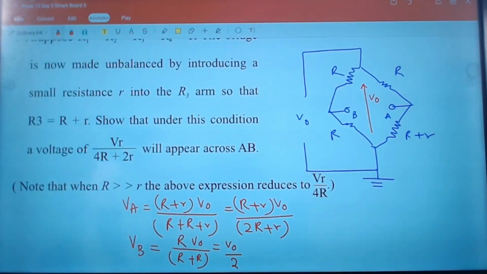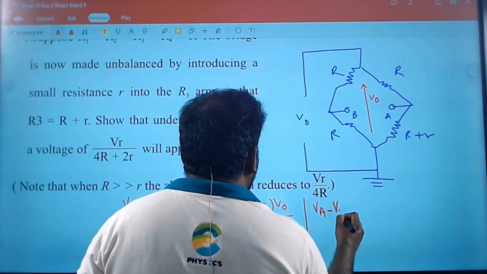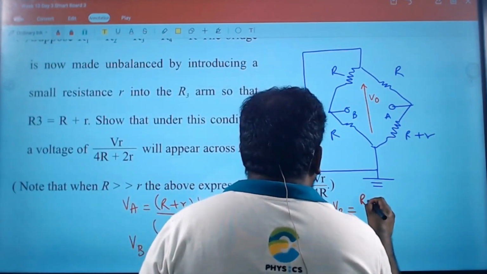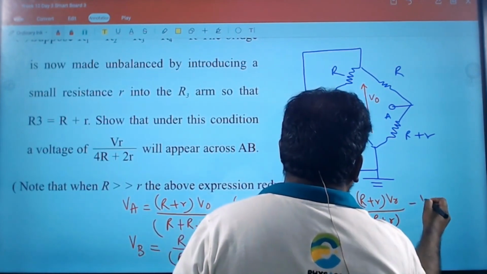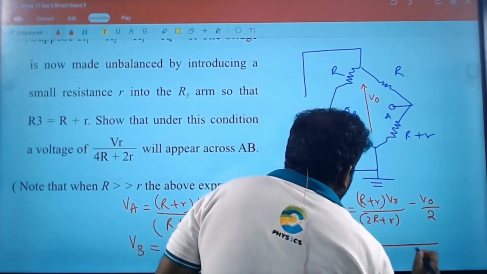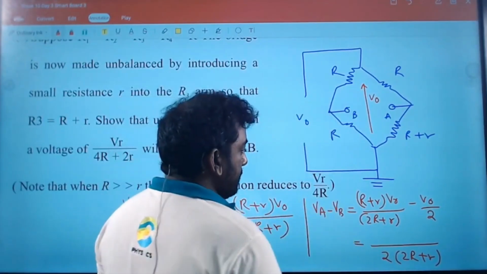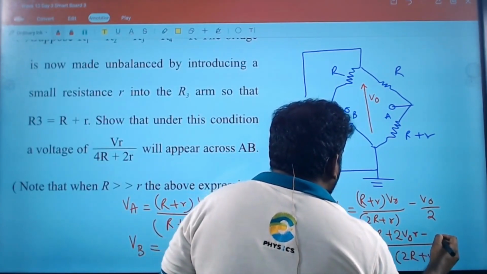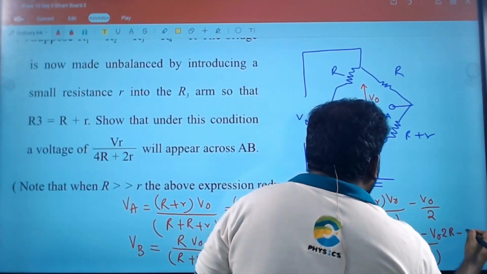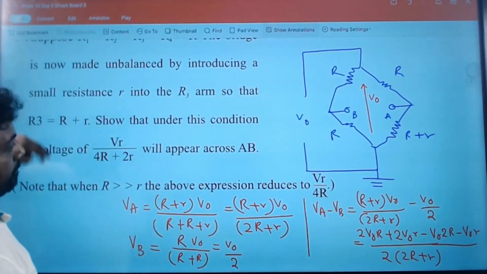What is the voltage drop occurring across AB? VA minus VB. R plus small r, V naught, divided by 2R plus small r, minus V naught over 2. Common denominator 2 times 2R plus small r. Cross multiply this. 2 V naught R plus 2 V naught small r minus 2 V naught R minus V naught small r.